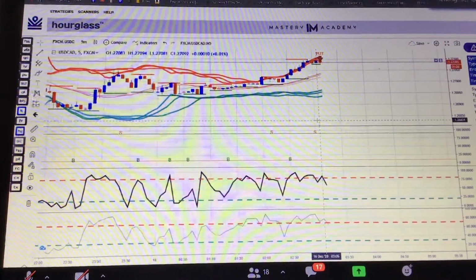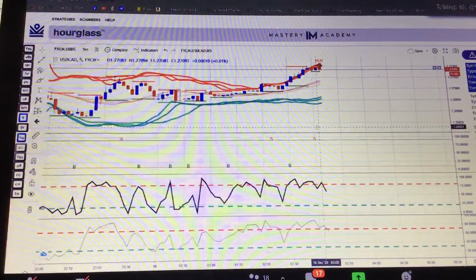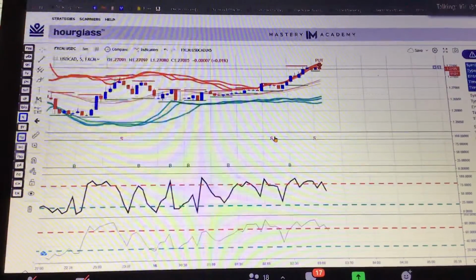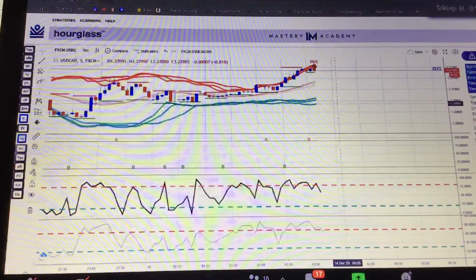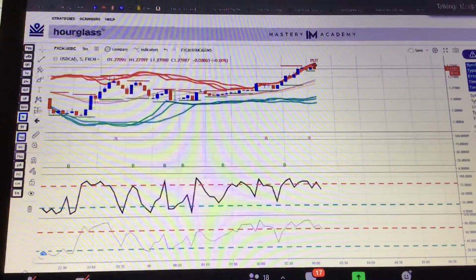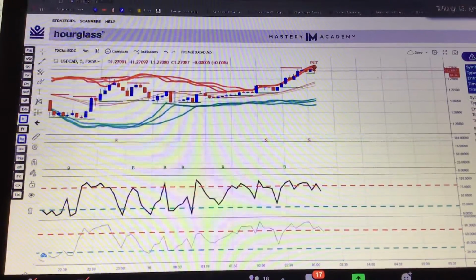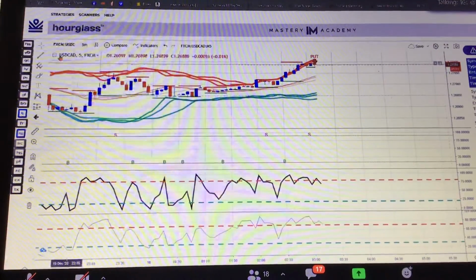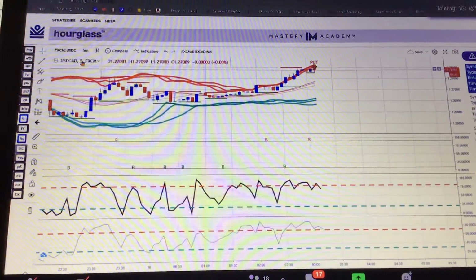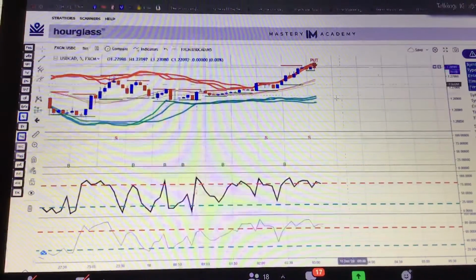So one thing you want to do when this software is up and running, the alert panel is going to be on the right. The very first one, USD CAD, it pulls up and it's showing you USD CAD. This is a 5-minute chart, so each candle is 5 minutes.